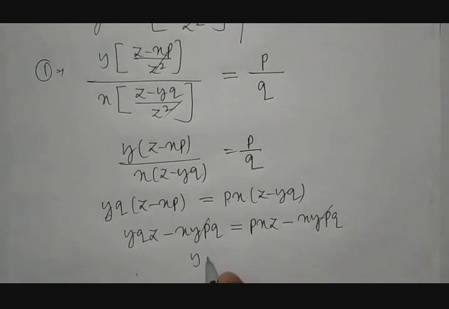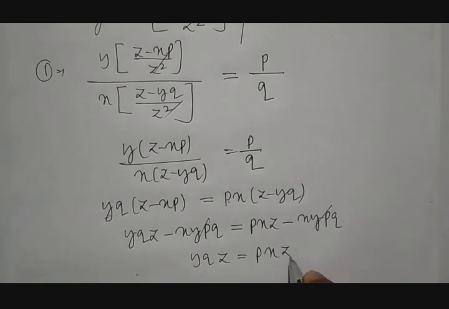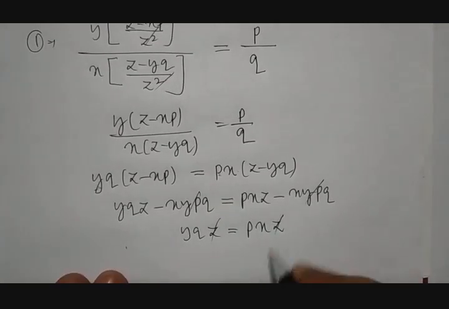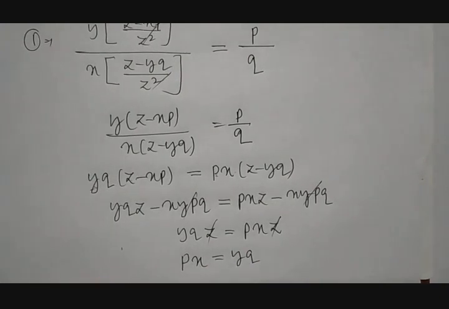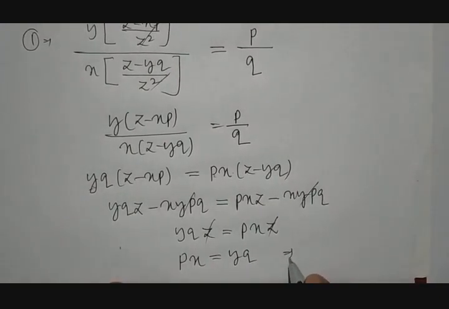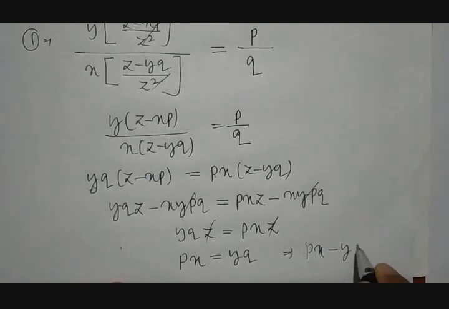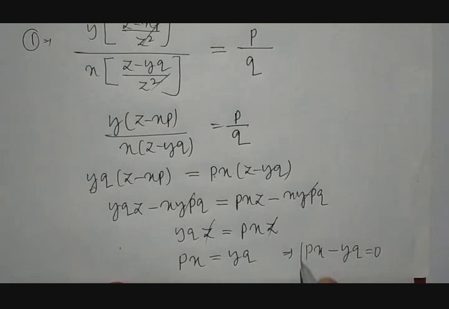Therefore, yqz is equal to pxz. Again, z on both sides gets cancelled. Therefore, we will get px is equal to yq. This is the result, or else this result can be written as px minus yq is equal to 0.